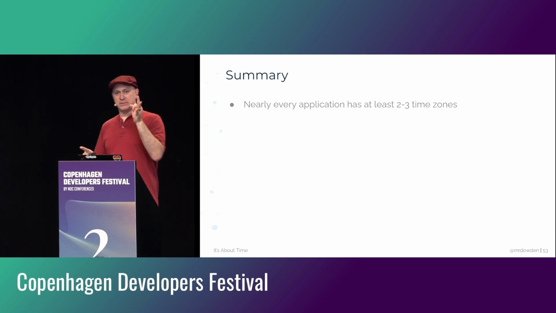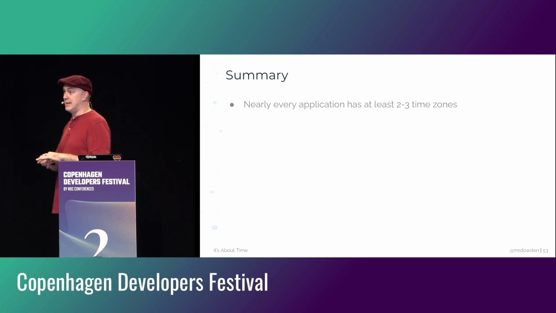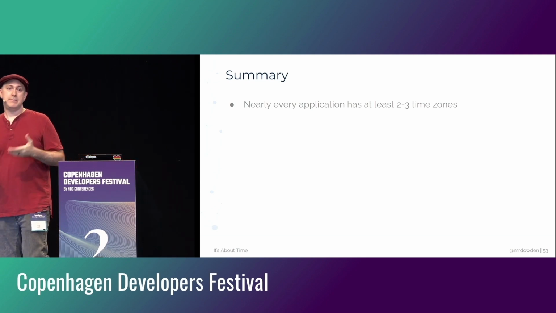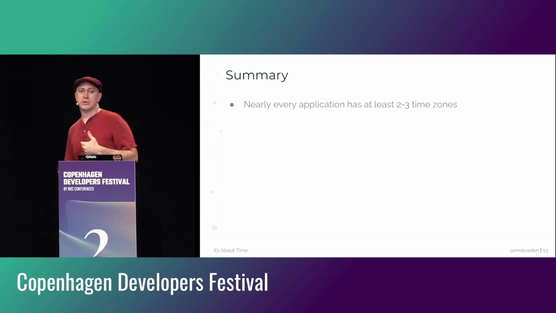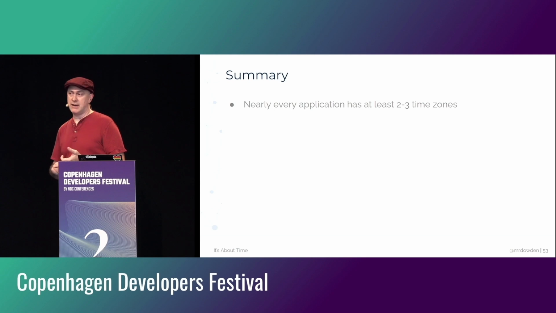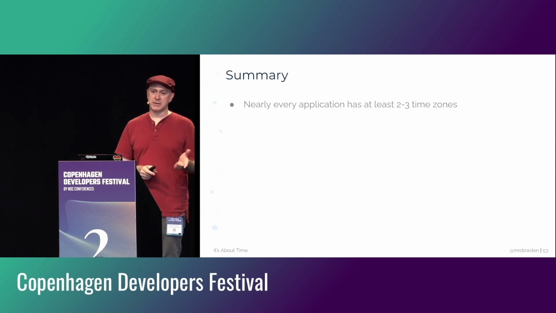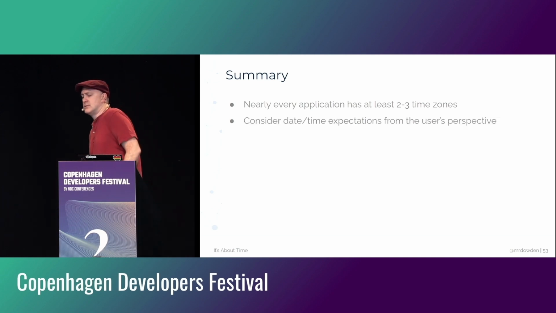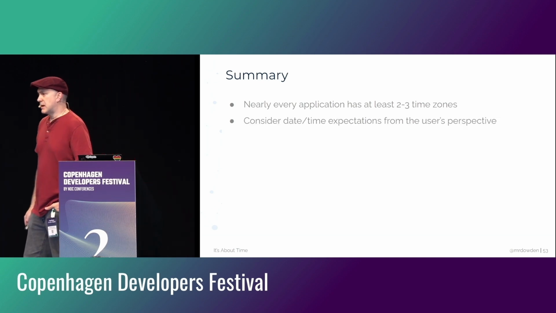Unless all 3 of those things are in the exact same time zone, that's at least 2. That means that at minimum, when you're looking at server logs or you're looking at data that's coming in from your application, you have to have that consideration, even if it's not in the user-facing part of your application, which it usually actually is.